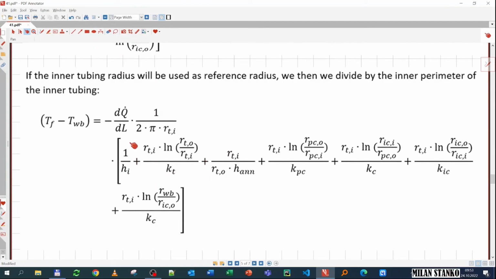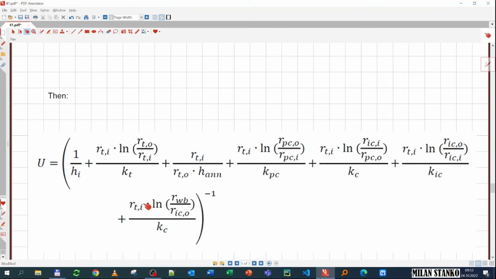So the U is 1 over this expression. That's going to be my U. Remember, we are neglecting for now what happens in the formation. We're using simply the T at the wellbore, at the sand face. That's going to be our reference ambient temperature.